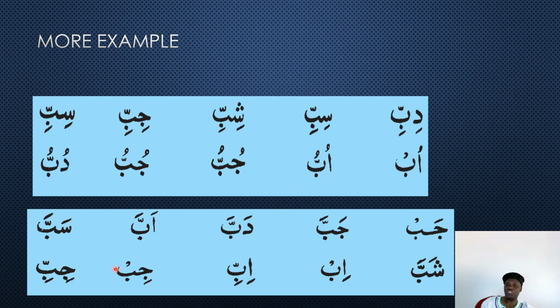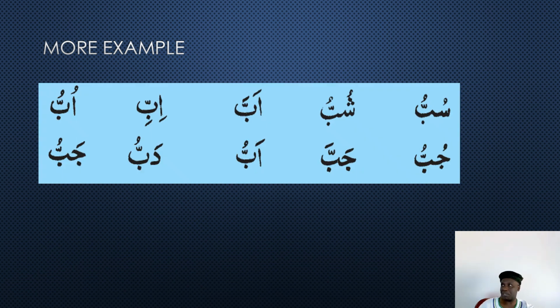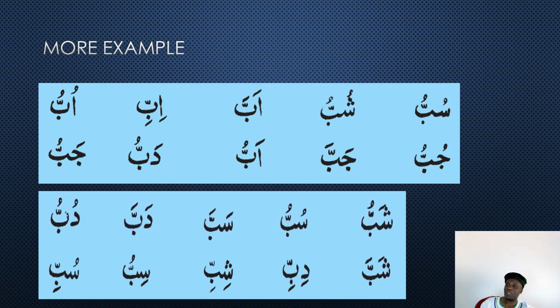Ibbi, jib, jibbi. All right, more examples, just like the last one. Subbu, shubbu, abba, ibbi, ubbu, jubbu, jabba, abbu, dabbu, jabbu. Shabun, sabun, saban, dabba, dubbu, shabba, dibbi, shibbi, sibbu, subbi.